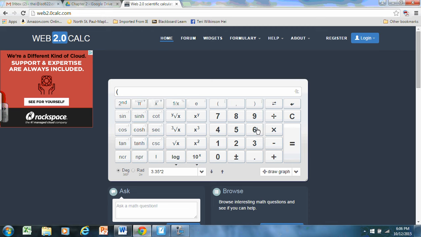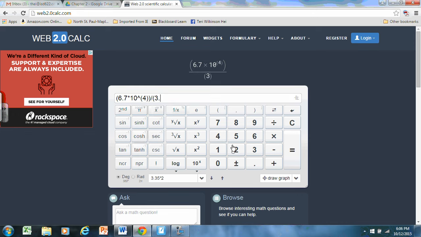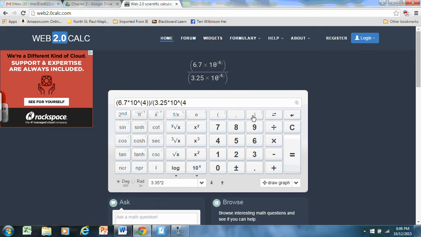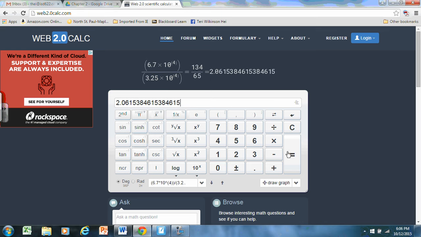So 6.7 times 10 to the 4th, close, divided by parentheses 3.25 times 10 to the 4th, boom, boom, hit equals. It tells you that the answer is 2.06153846, being obnoxious, being very obnoxious.